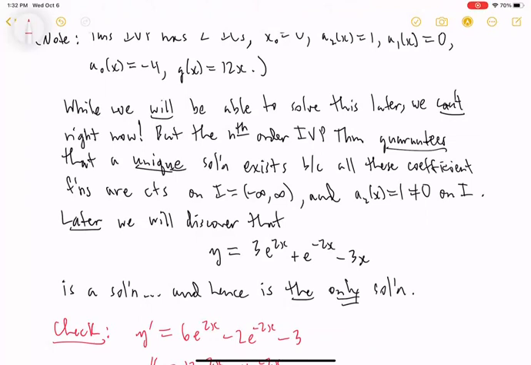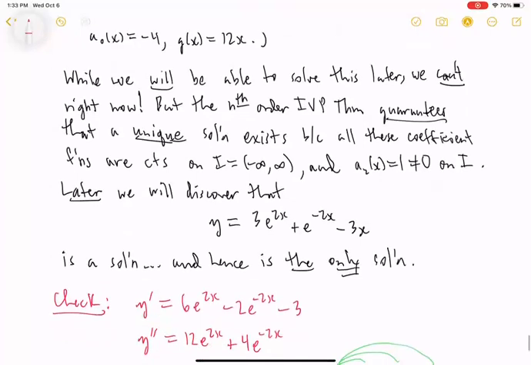And of course, the derivative of negative 3x is negative 3. Okay? Take the derivative again. What am I going to get if I take the derivative again? 12 e to the 2x, yes? What about this guy? Plus 4 e to the negative 2x, yes? We get this, right?